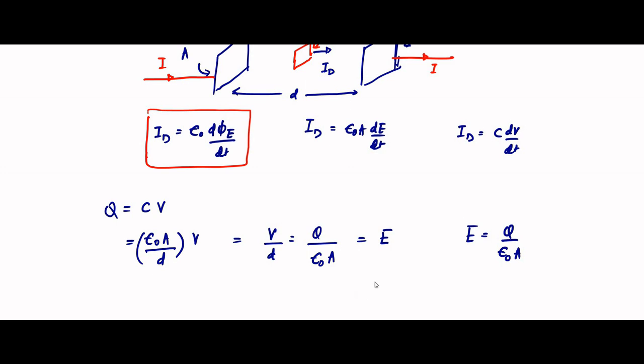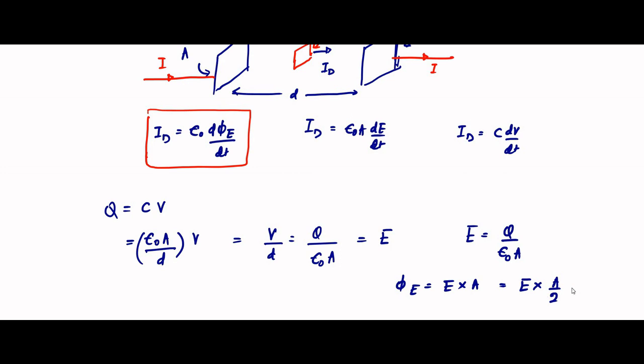Then flux is equal to how much? Electric field intensity into area. So through this small area A by 2, flux will be equal to electric field intensity into A by 2.